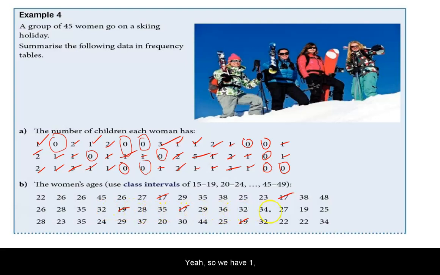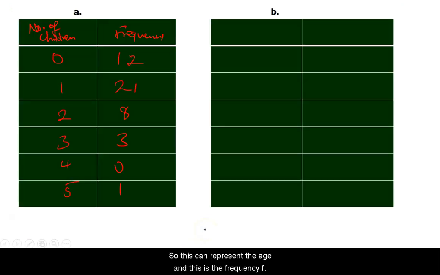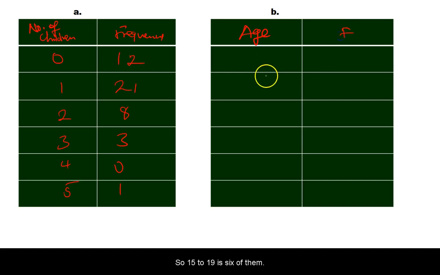Yes, so we have 1, 2, 3, 4, 5, 6. So the interval 15 to 19 has 6 of them. This column represents the age, and this is the frequency F. Now we can have 20 to 24. How many will 20 to 24 be? 20 to 24, 1.